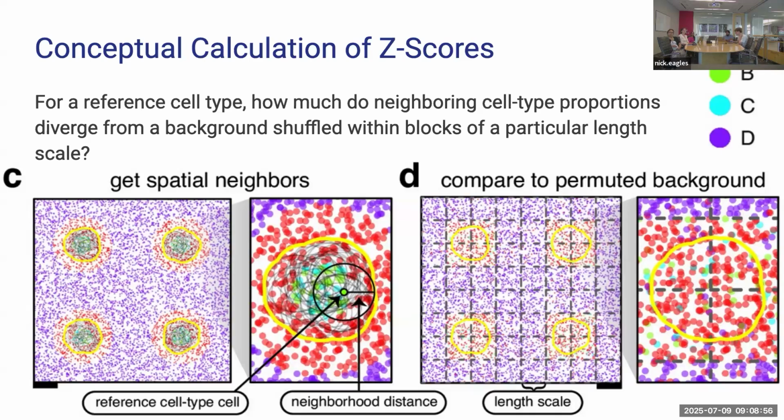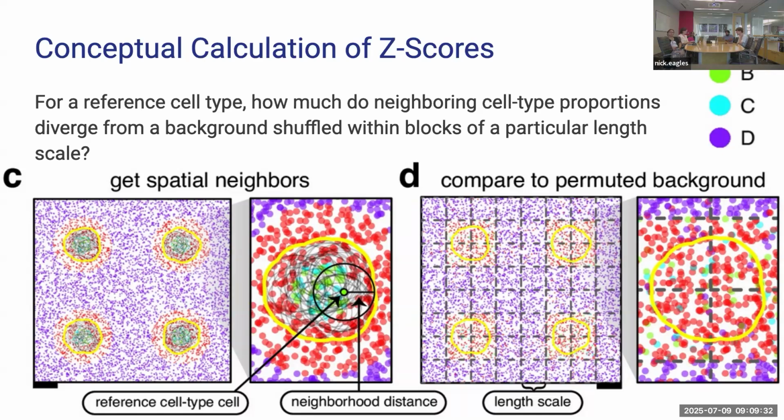Within each of those squares, you randomly shuffle the cell type assignments of each of the cells that belongs in the square. The idea is that this gives you a random background about what cell types belong in a neighborhood of a particular spatial scale.